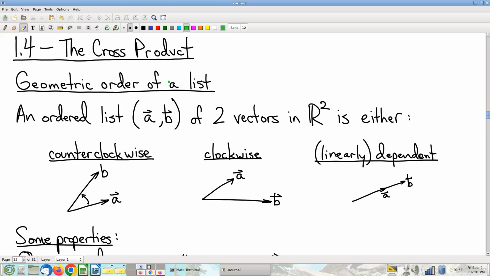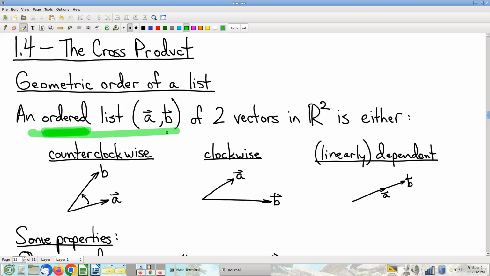Okay, so let's get into it. Geometric order of a list. Let's talk about 2 dimensions first. We're going to start off in the XY plane, and look at 2 vectors in the XY plane, but now very specifically, not just a pair of vectors, but an ordered list. You might say an ordered pair, but I'm going to say an ordered list of 2 vectors.